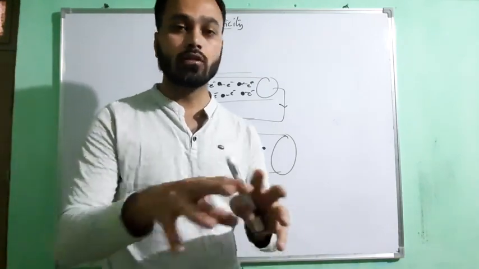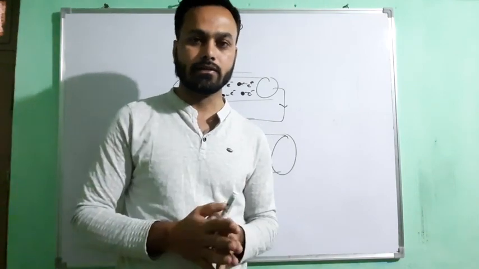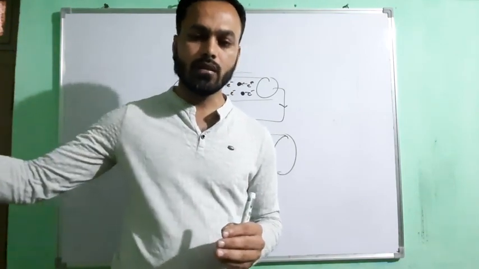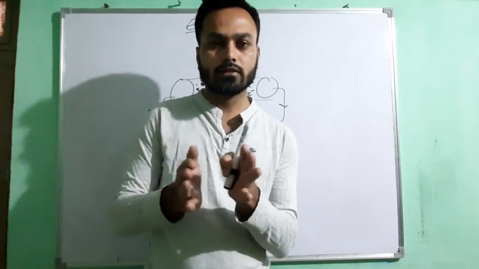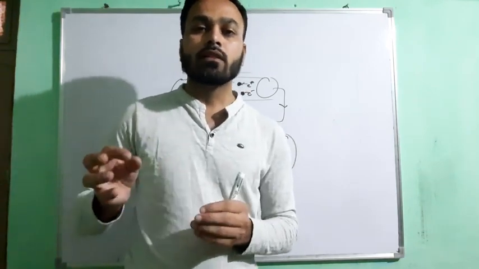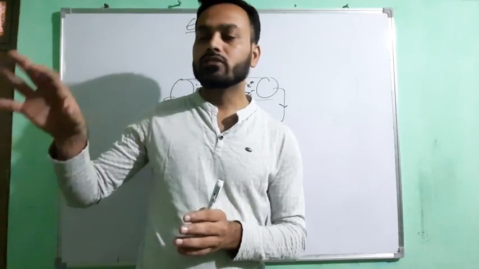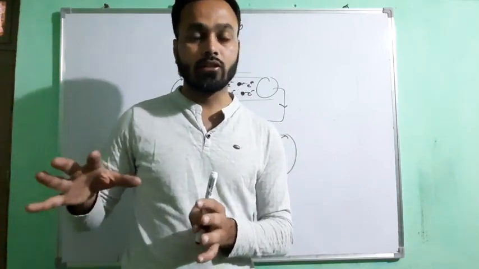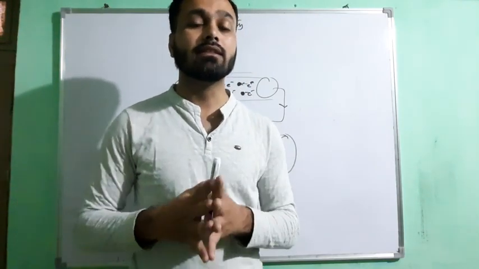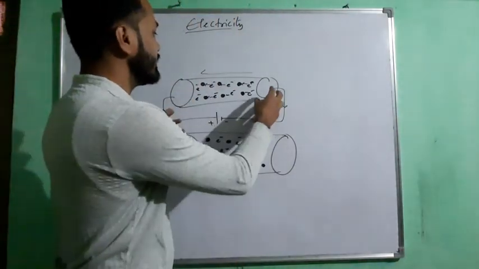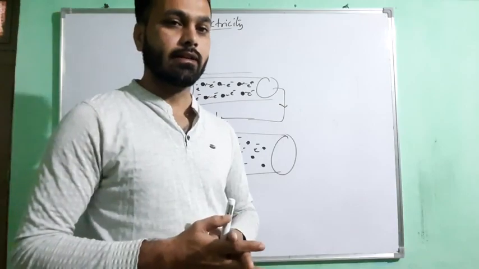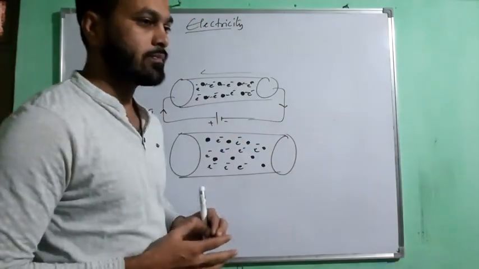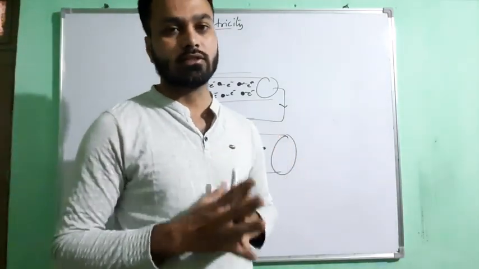It is the same as on the road we have speed breakers. When a vehicle is moving over the road and comes across a speed breaker, the speed breaker opposes the motion of that vehicle, it obstructs the motion of the vehicle. In the same sense here, when the electrons are flowing through the conductor, their motion is obstructed by these collisions, which is called the resistance.